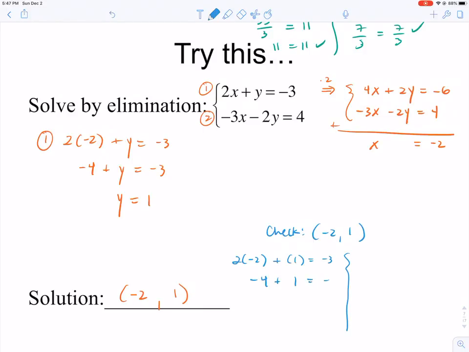Checking: negative 4 plus 1 equals negative 3. That is true. So we get 6 minus 2 equals 4, which is also true.